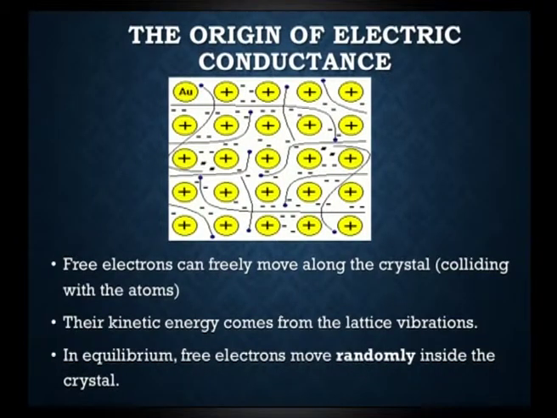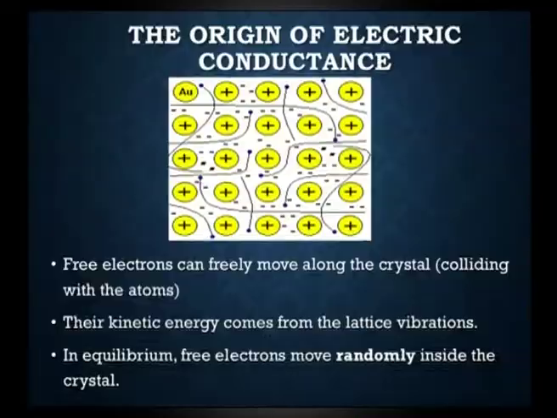How do these electrons move? The kinetic energy of the electron is due to the lattice vibrations. Even for a small vibration, the kinetic energy can be acquired by the free electrons, and they can move randomly inside the crystal. In equilibrium also, the free electrons present in the conduction band move randomly inside the crystal.